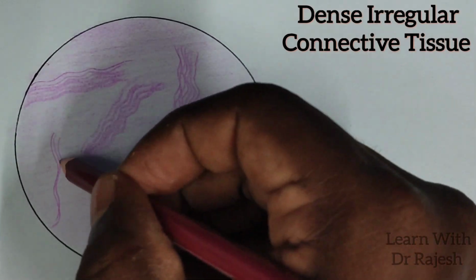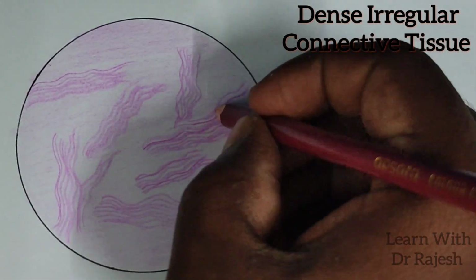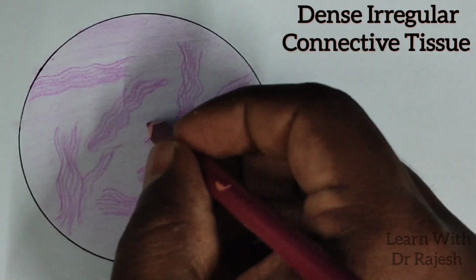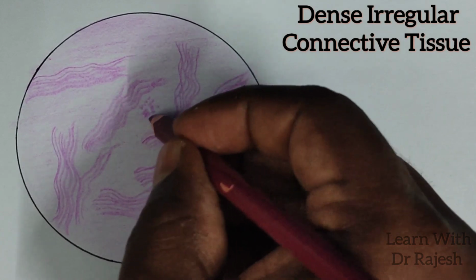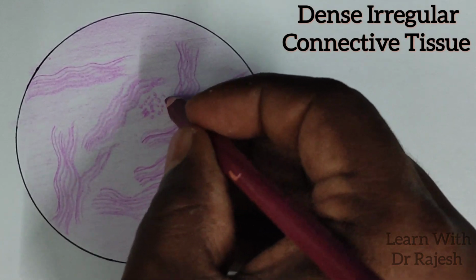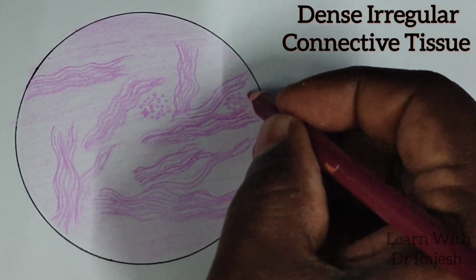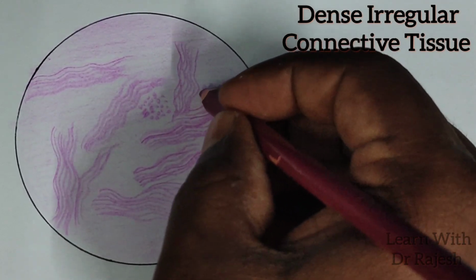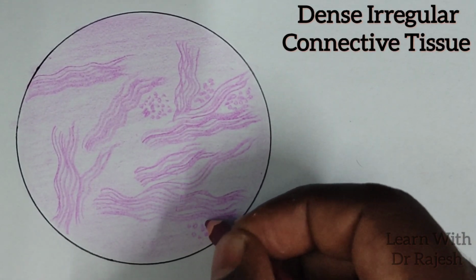Those fibers which are transverse are drawn with these kinds of dots. In transversely arranged fibers we can see only the cut ends.